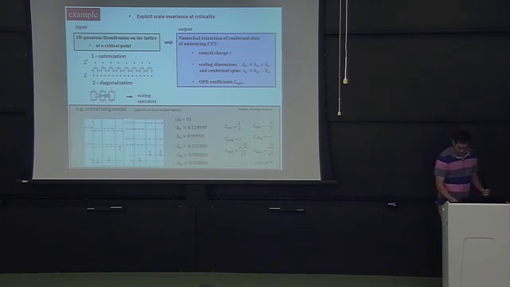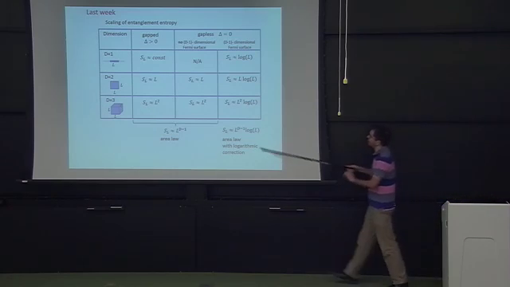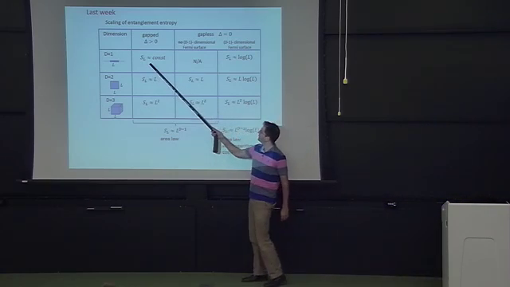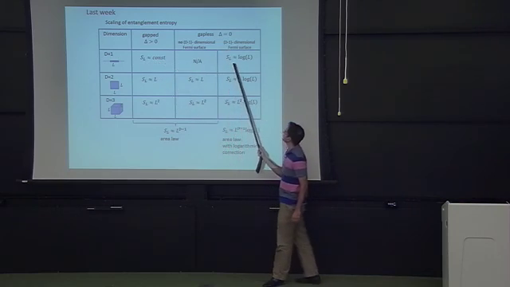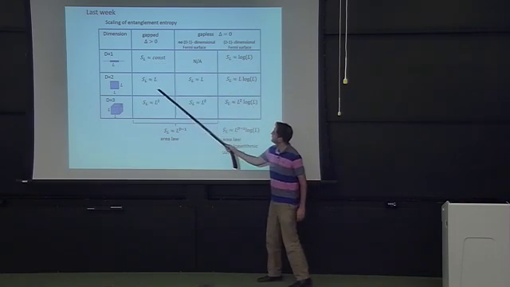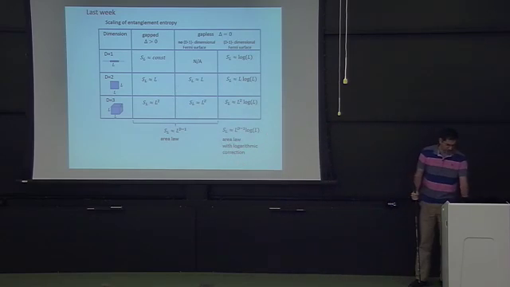Okay, so we're done. So let me tell you how this fits in the big scheme of things. Last week we saw the scaling of entanglement entropy. We saw that in one dimension we had the area law, which meant saturation to a constant. And for critical systems, we had a logarithmic correction and different behaviors for 2 dimensions and 3 dimensions. That was last week.